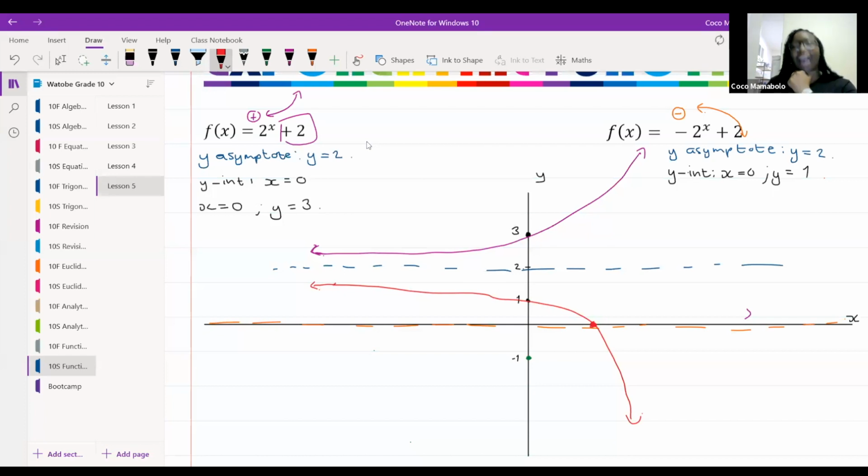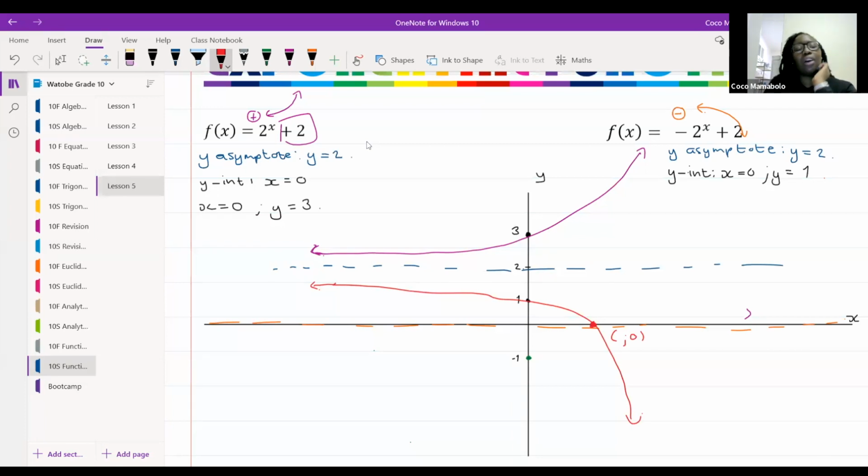Anyone? Yes, that's it. It's not a turning point, Samuel. It is the x-intercept. And what do we know happens at the x-intercept, guys? That's it. Y is equal to 0.